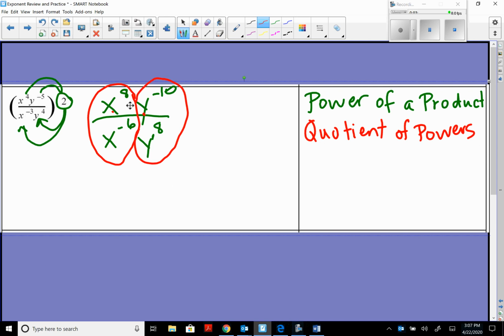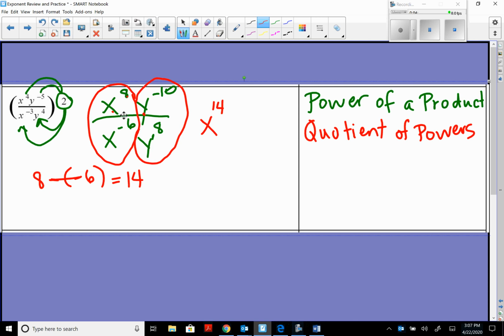So looking at my x's, I'm going to go ahead and just show my work right here. 8 minus negative 6 is actually going to be positive 14 because when I subtract a negative number, I get a positive number. So my x becomes x to the 14th power because I did 8 minus negative 6.